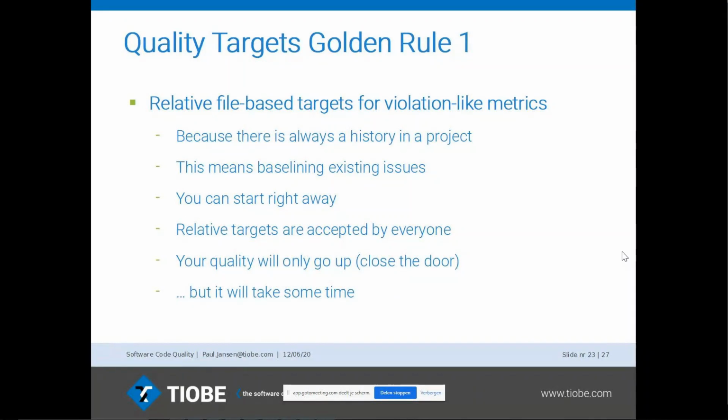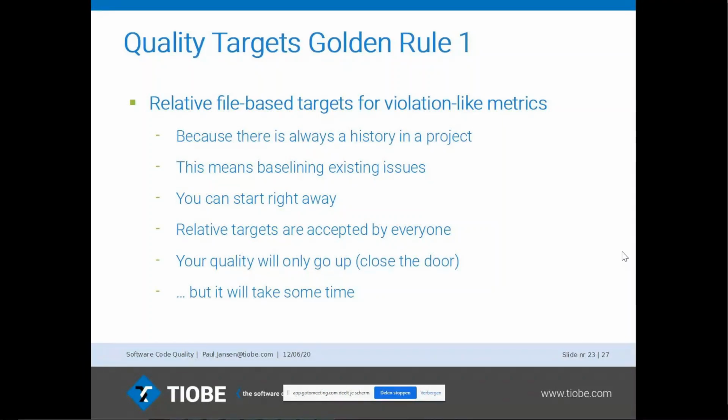Also make sure that you don't set it for all violation-like metrics. So for instance, if we are talking about compiler warnings, don't say we don't allow any new compiler warnings anymore. Let's start with the most important one.